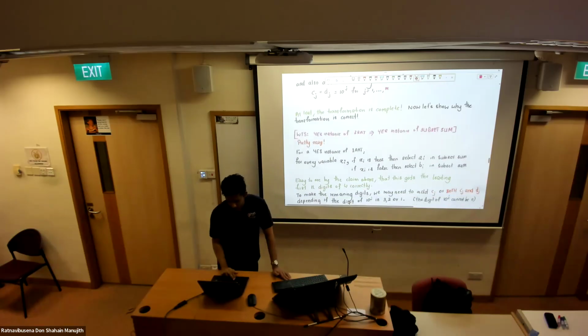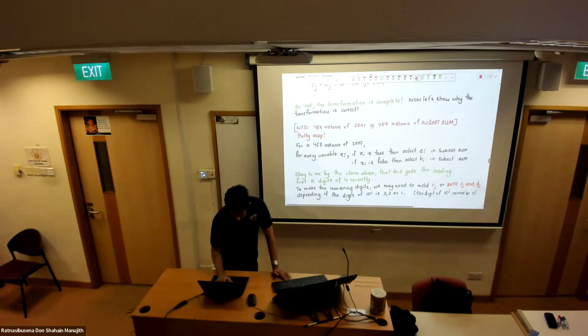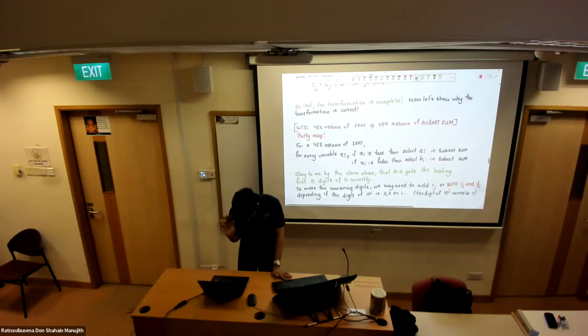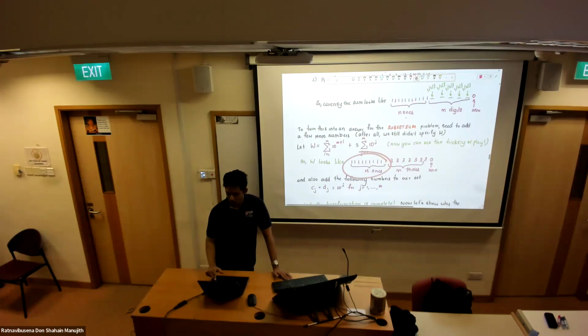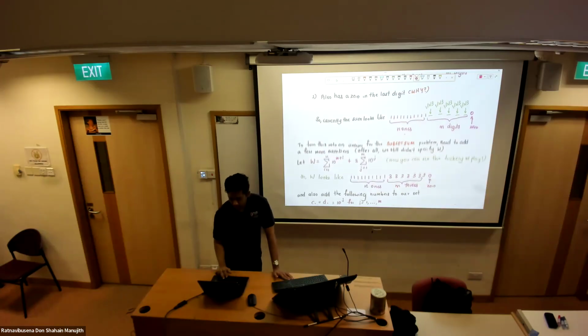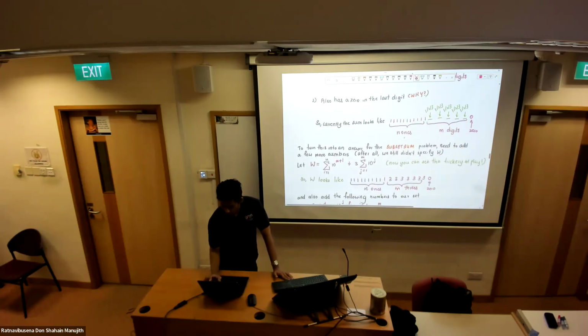Now listen very carefully, to make the remaining digits. We already have this part correctly. Now look at these m digits that come after the first n ones. We know that if I add up all the AIs and BIs, I can get 1, 2, or 3 for each of the next m digits.